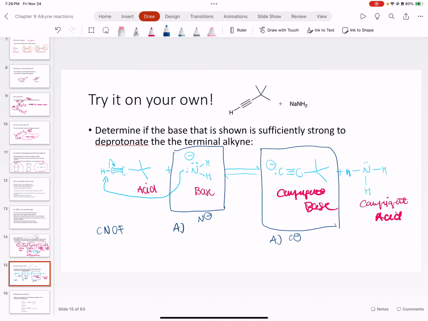Okay, let's see if this side is strong enough to take from it. We have this one, we have negative Na plus, the carbon, the nitrogen, NH2.